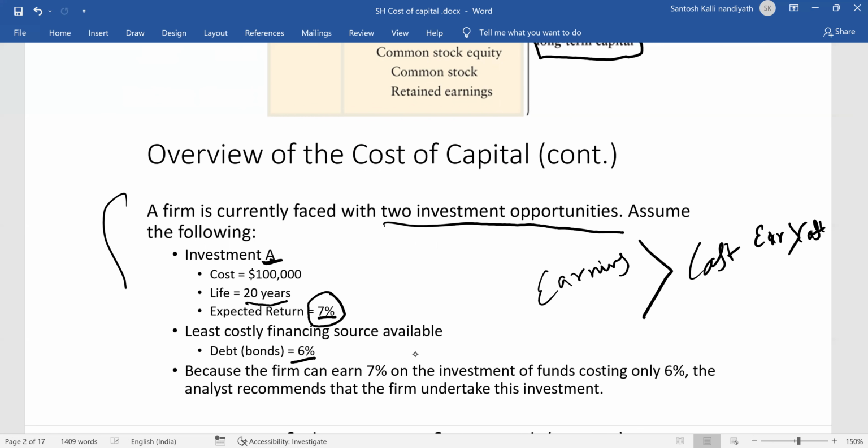If I ask this question as an individual, if earning is more than the cost, you should accept that project.